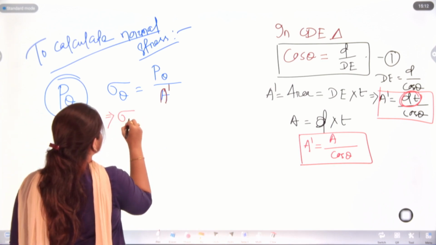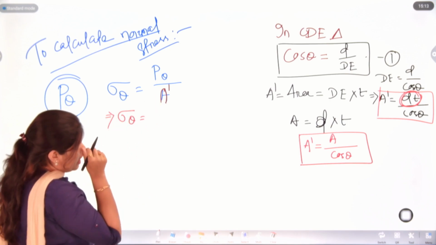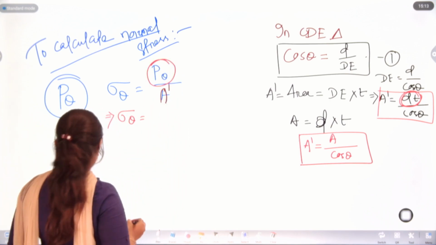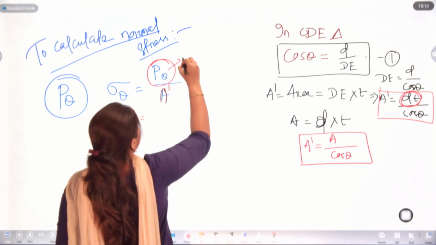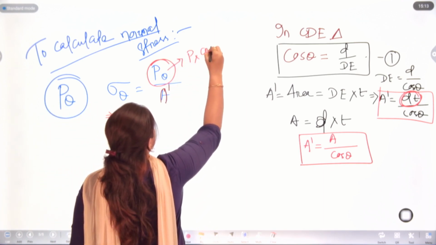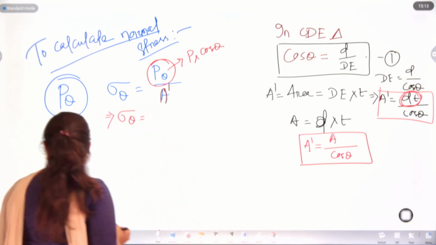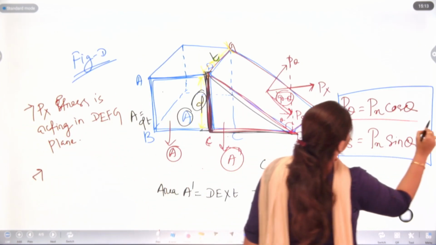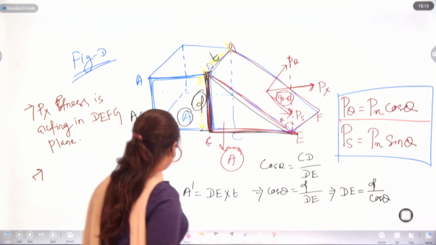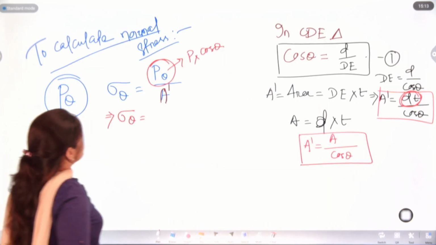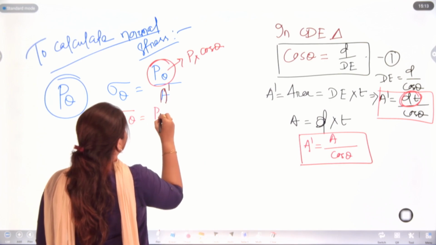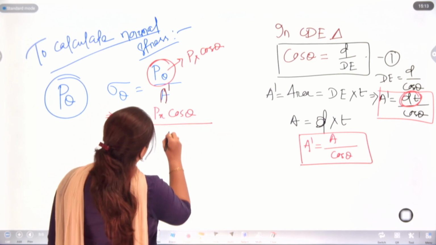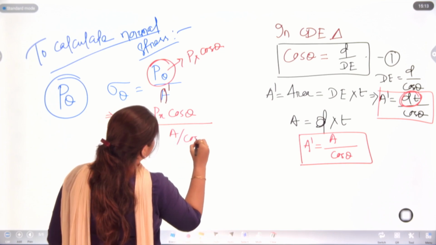So, to find out sigma theta, we have A dash. Our P theta is Px cos theta, as we found here. So, sigma theta will be Px cos theta upon A by cos theta.